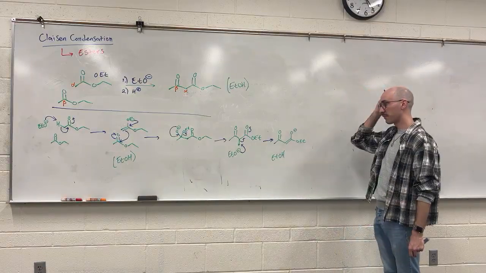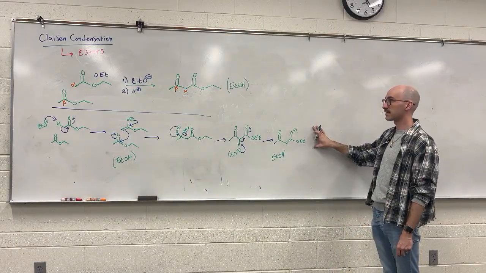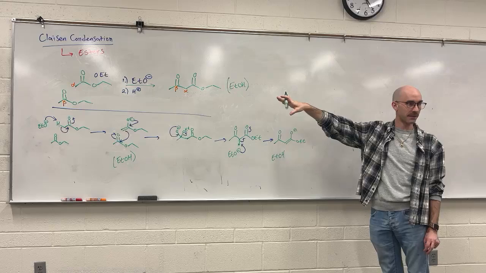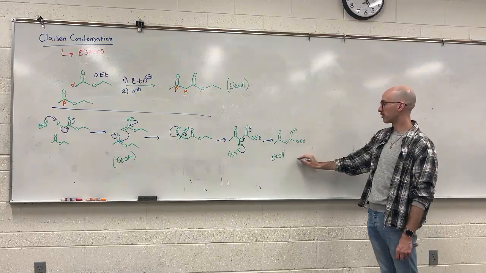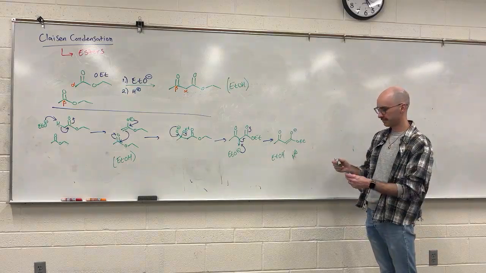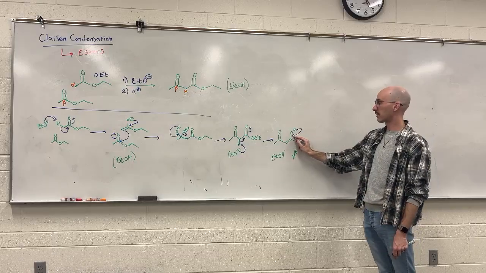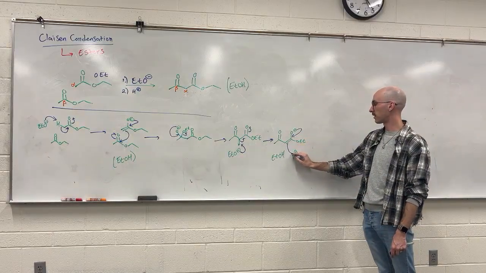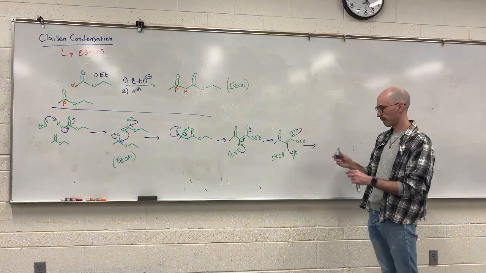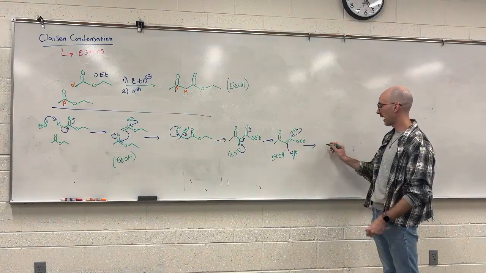And to get my final product back, this last step will just be shown as the aqueous workup. We introduce some acid. And again, the reactive part, the nucleophilic part, the basic part is the alpha carbon.